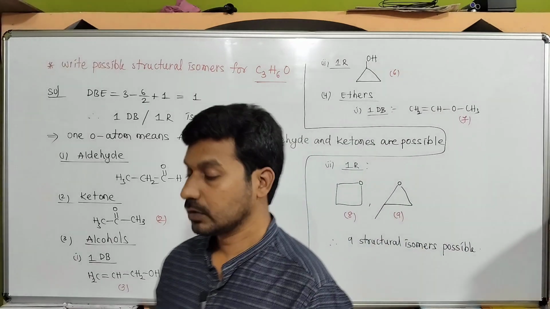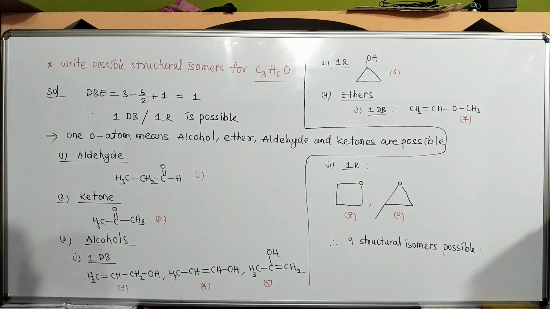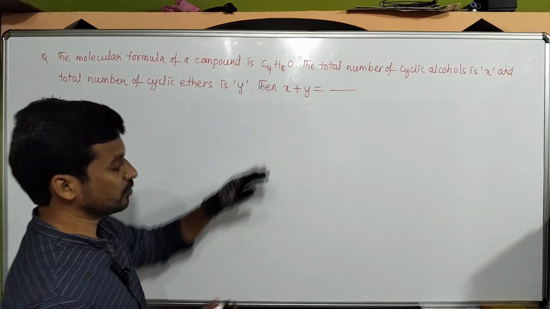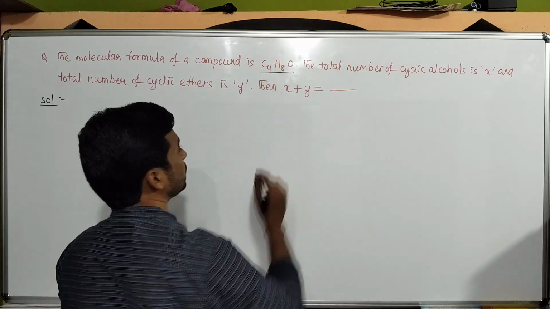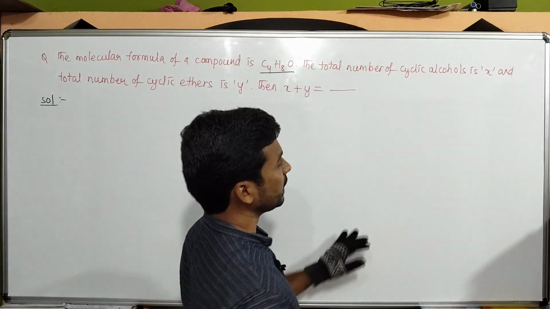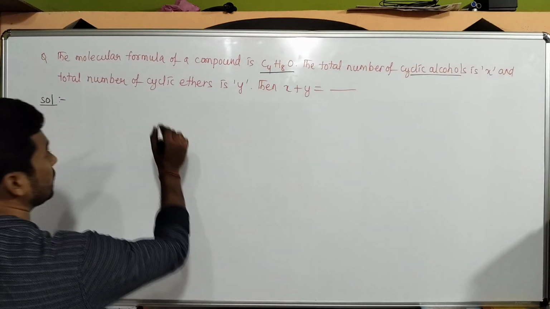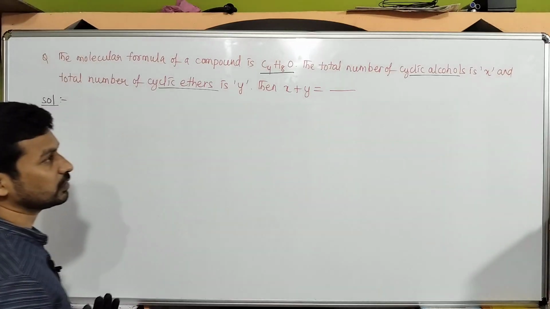Okay. Next and last question. See this question. Molecular formula of compound given C4H8O. Total number of cyclic alcohols X and cyclic ethers Y, X plus Y is equal to what?